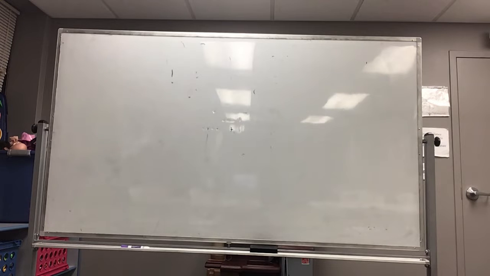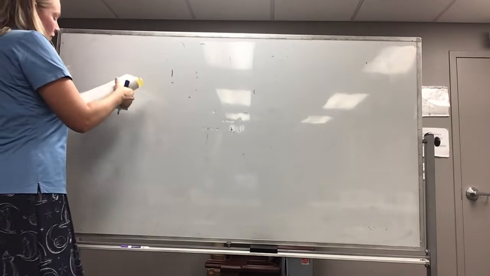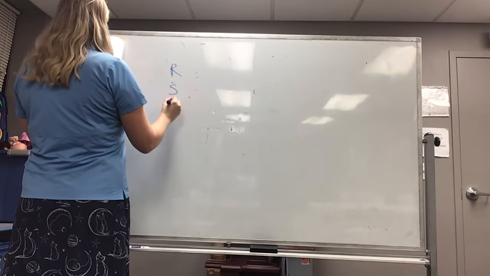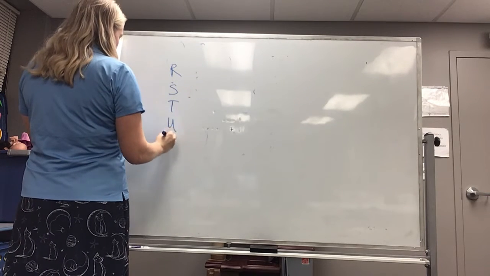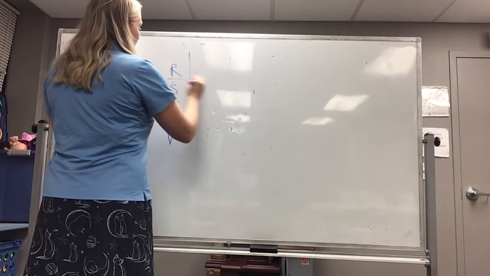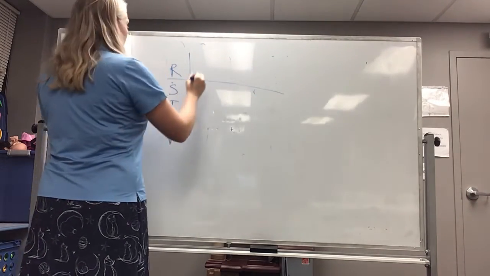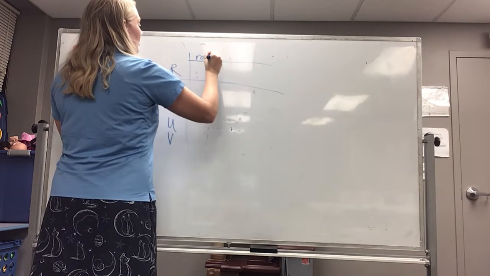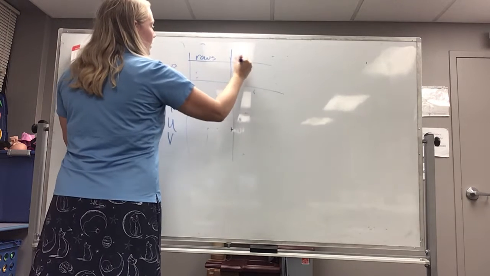Really quickly, we have matrix R, S, T, U, and V. And we have number of rows and columns.